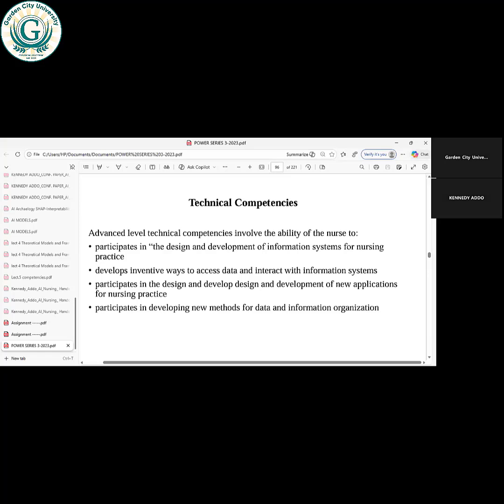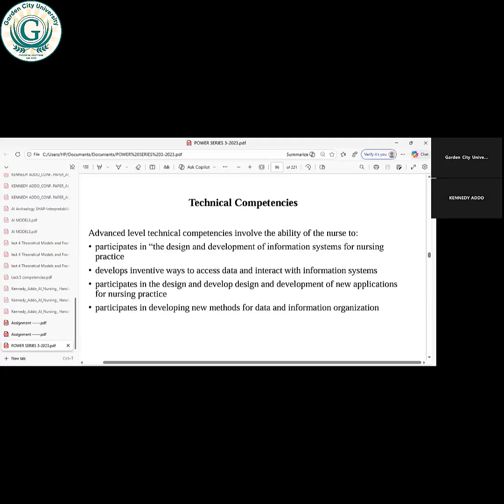You also develop inventive ways to access data and interact with information systems. Somebody championed the use of the OPD number as the blueprint for getting access to the computer system, and hence easy accessibility to patient records. And these are inventive or innovative ways to get access to that.